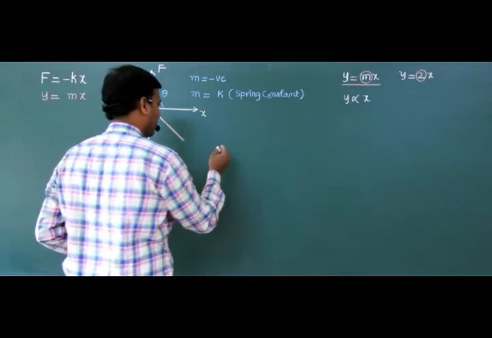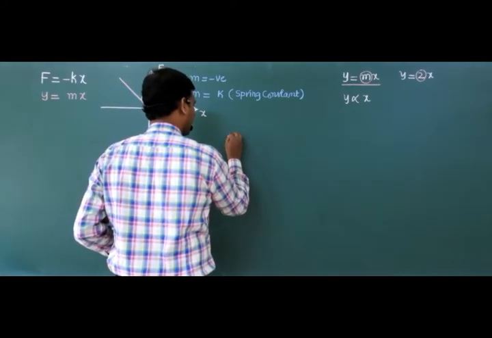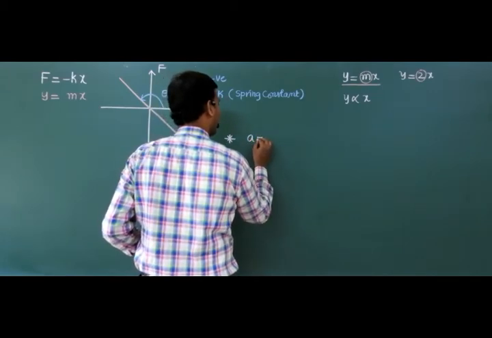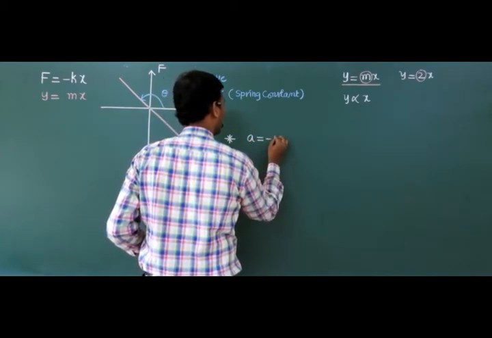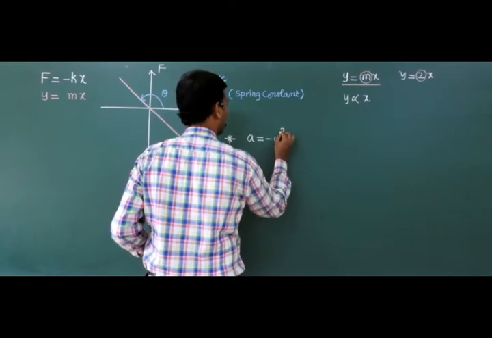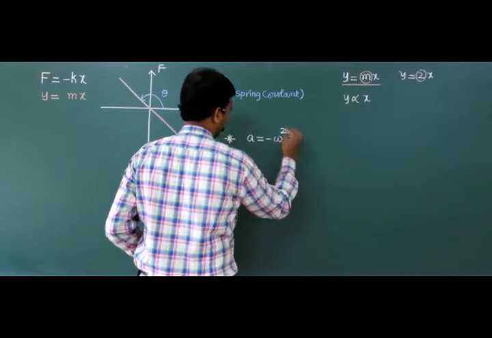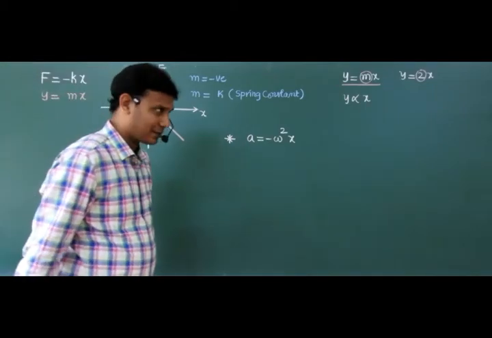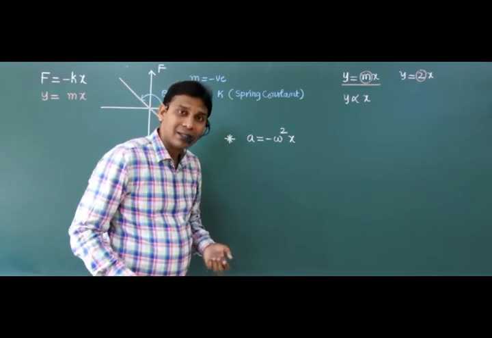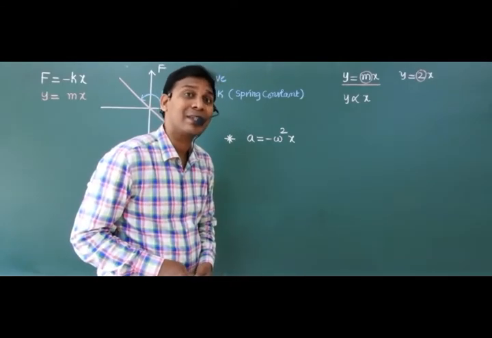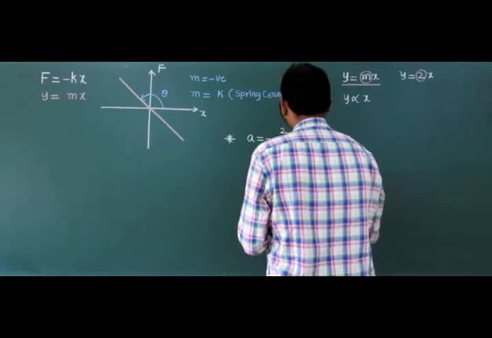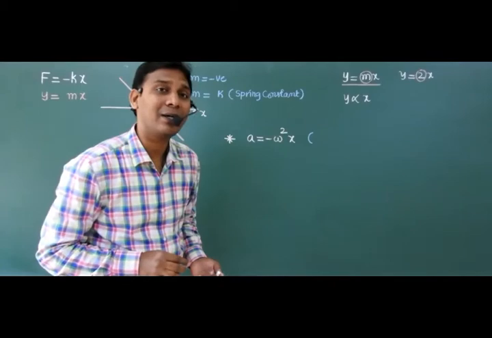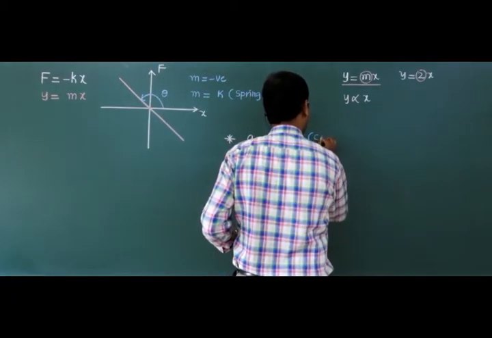It is also very, very important. Listen. Next, one more example. A equals minus omega square x. A is equal to minus omega square x. Right? Actually, it is the condition of SHM, simple harmonic motion.